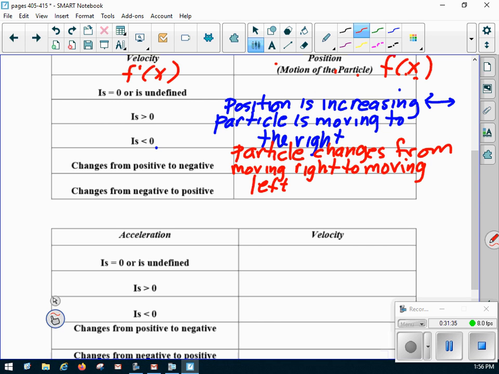Just wait. Please, I promise it'll come. Is this answering some of the questions you had at the beginning? Now, what if your derivative changes from negative to positive? Your particle will change from moving left to moving right.